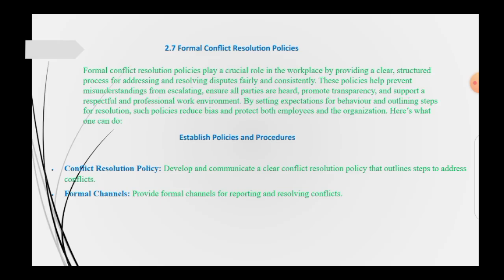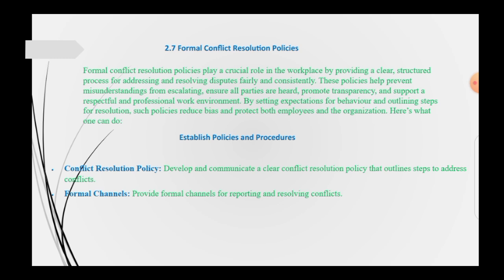Here is what one can do. Establish policies and procedures. Conflict resolution policy. Develop and communicate a clear conflict resolution policy that outlines steps to address conflicts. Formal channels. Provide formal channels for reporting and resolving conflicts.